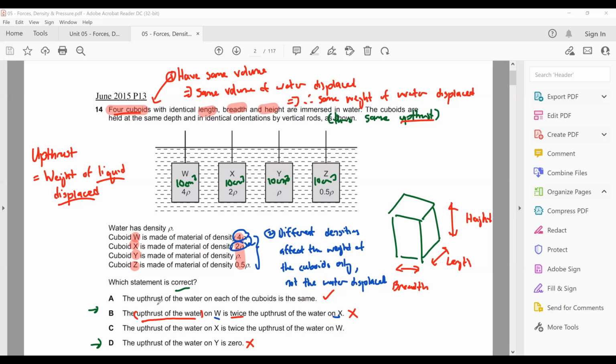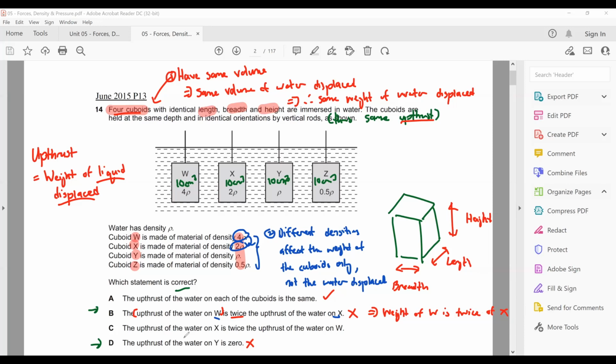You would have to say that the weight of W is twice of X. Then this one will be correct.